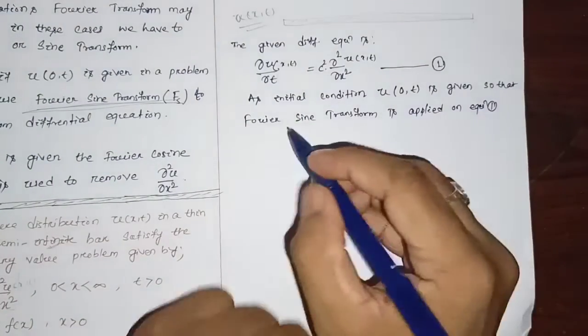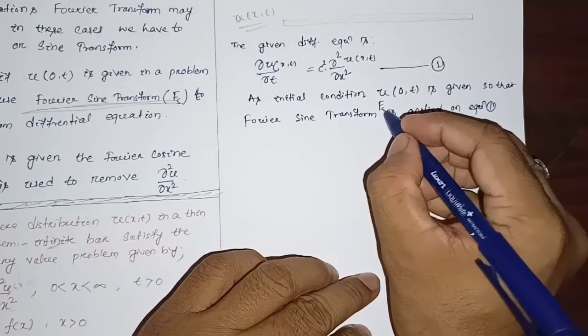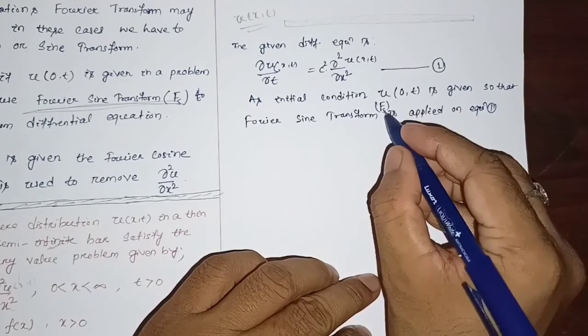You just write the Fourier sine transform as capital F, with s in the subscript.